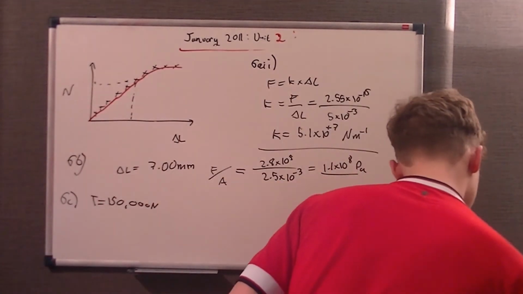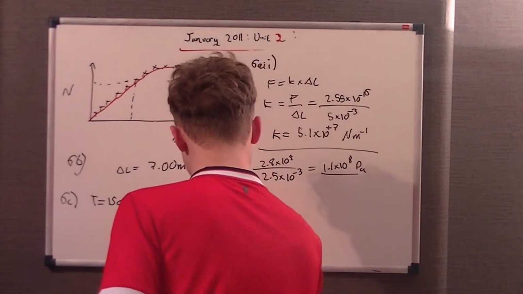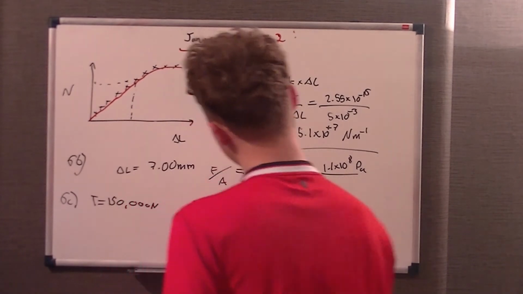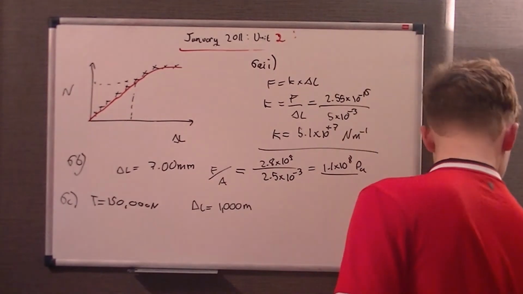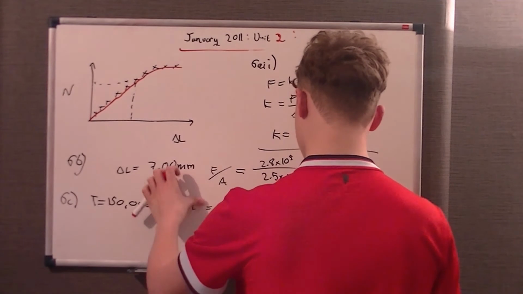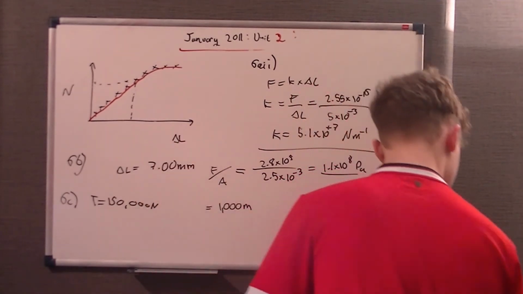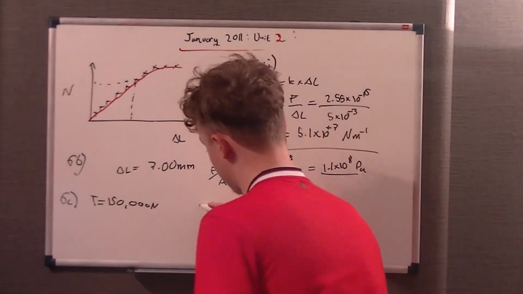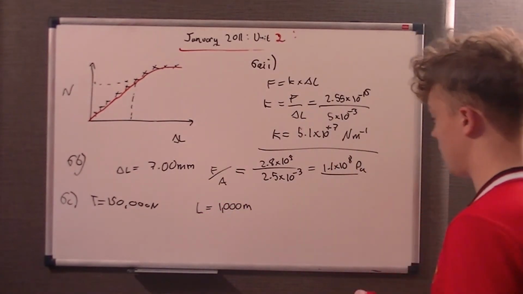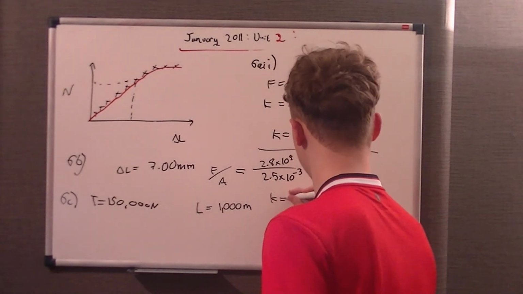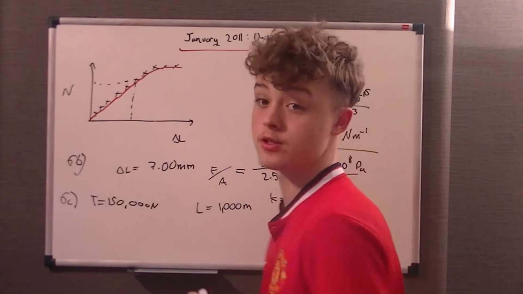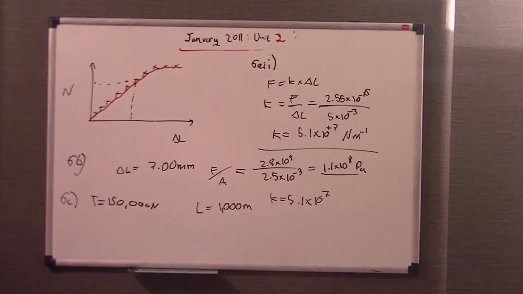The length of the cable is 1,000 metres. We're working out the extension of the cable. And our K is 5.1 times 10 to the 7 newtons per metre, as it hasn't changed.